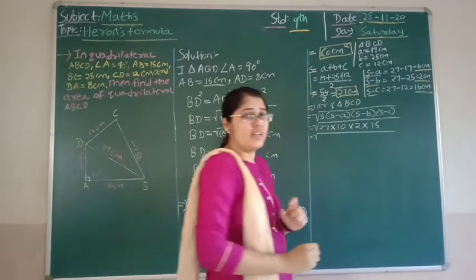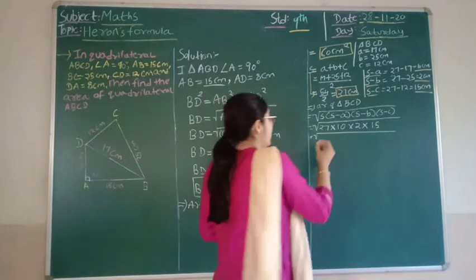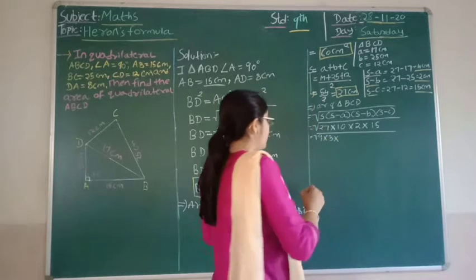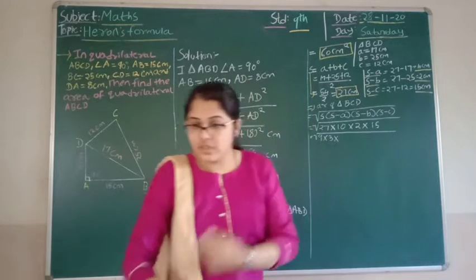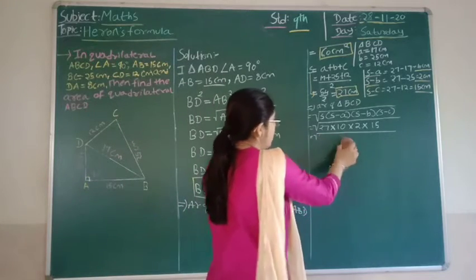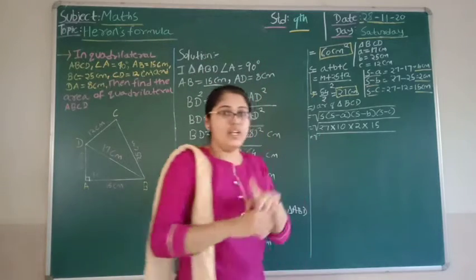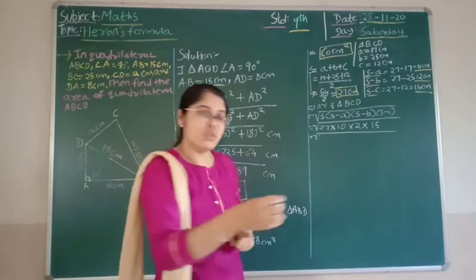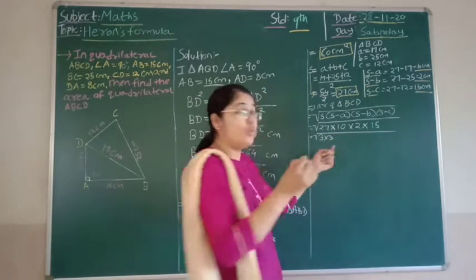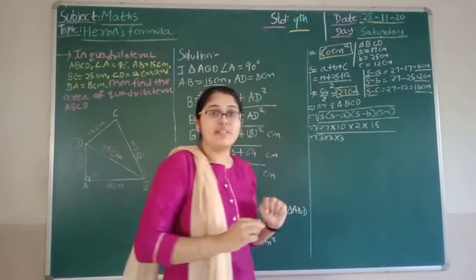Now if I factorize these, students, you can see it is 27. So 9 3s are 27. Or I can further factorize: 9 can be written as 3 multiplied by 3, and 9 multiplied by 3 is equal to 27.